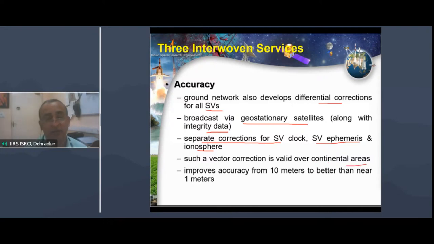So up to a very vast area, these corrections can be applied. And it improves accuracy from 10 meters. If you are just doing observation, the best accuracy is 5 meter, it can be 10 meter error also. So that 5 to 10 meter error can be decreased, and it can narrow down to around 1 to 2 meters.